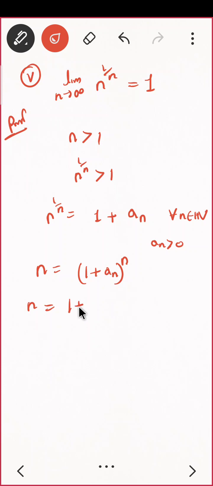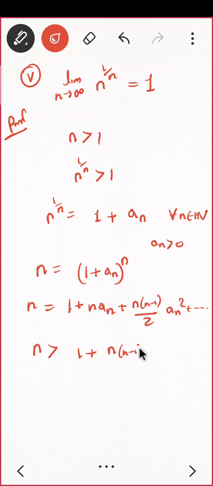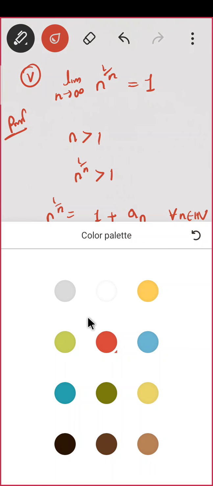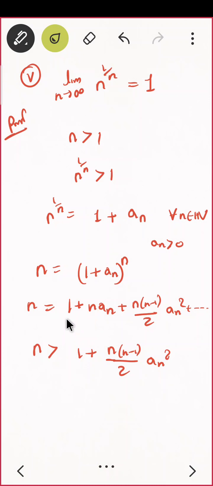This is 1 plus n e n plus n into n minus 1 by 2 e n square, and so on. Correct? So can I write it like this? N is greater than 1 plus n into n minus 1 by 2 e n square. I'm taking these two terms. And you'll be surprised to see why I'm taking this and this only.